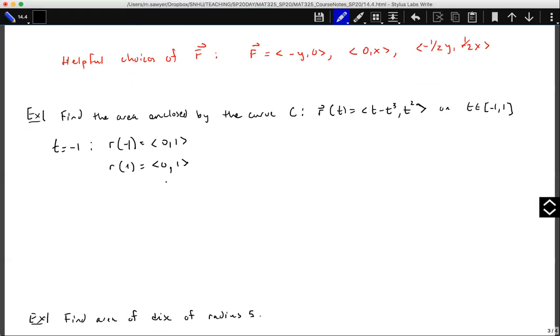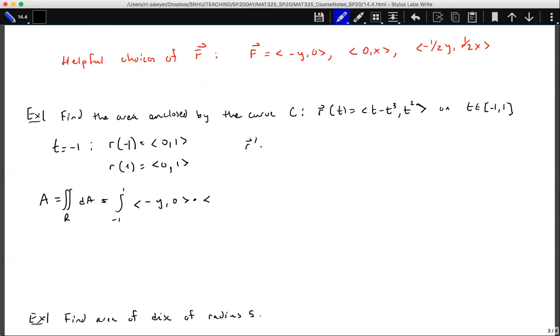So our area of the curve here is equal to the double integral over R dA, which is equal to the integral over C of some well-chosen vector field. So we say the integral from -1 to 1, and let's choose our vector field f as <-y, 0> dotted with our curve r prime.